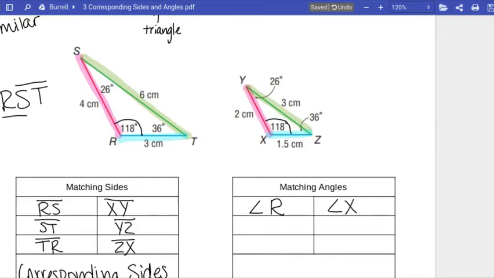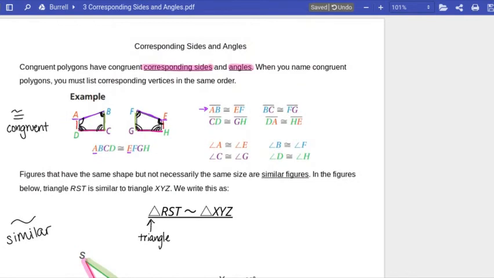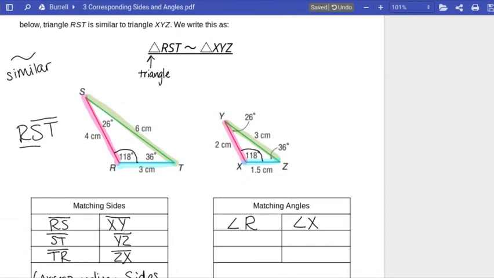Now this is something that's very important. When we have congruent figures, all the corresponding sides are the same length, and all of the corresponding angles are the same measure, because congruent is same shape, same size. But when we have similar figures, it's the same shape, however, the size has changed, which means that the corresponding sides are not the same length.